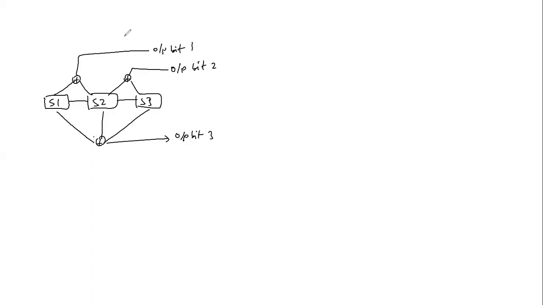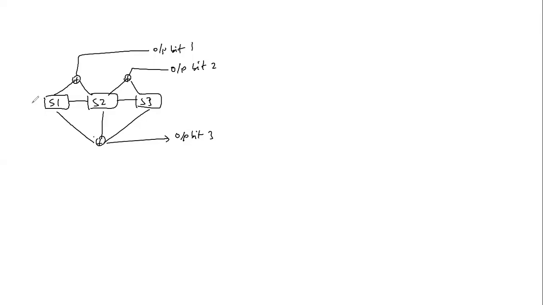Now, in the previous example, we considered the case where the code book contains 8 possible code words. But now we want to look at a code book that contains 16 code words and 3 possible output bits, like we have here.